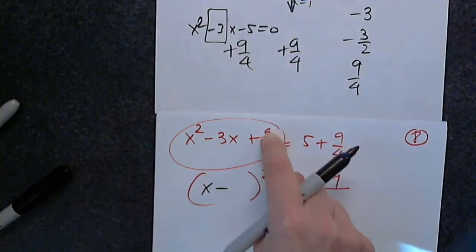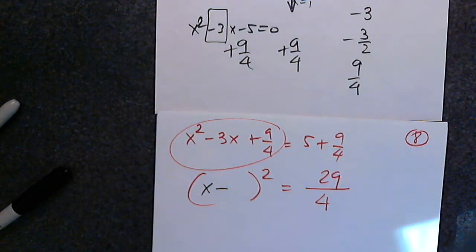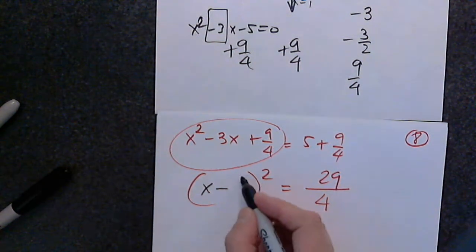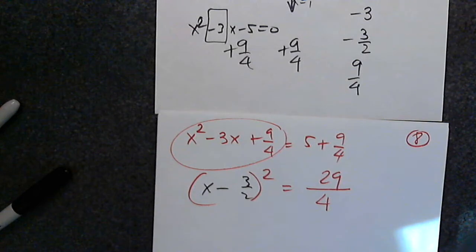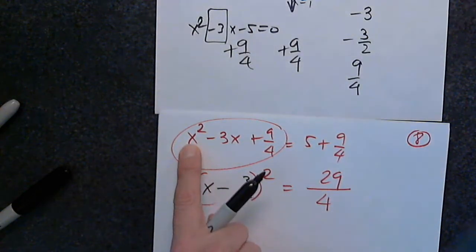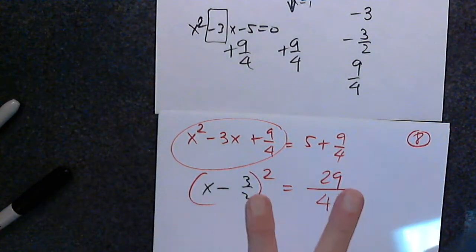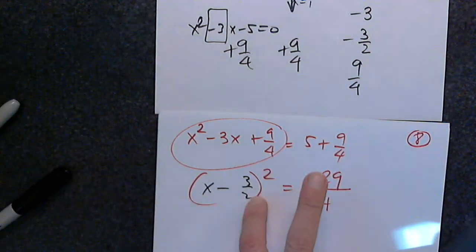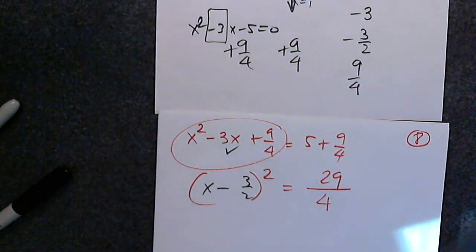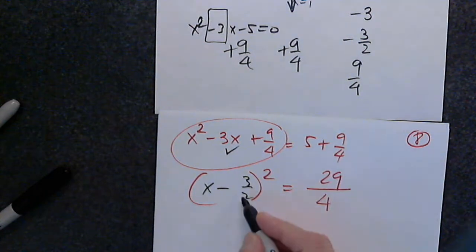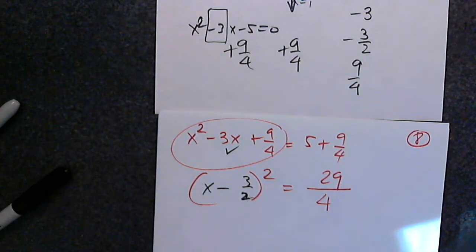What did I square to get 9/4? Let's check if you have any doubts. First term squared is this. Minus 2 times the first times the second is guaranteed to be -3x. Plus the second term squared is guaranteed to be 9/4.